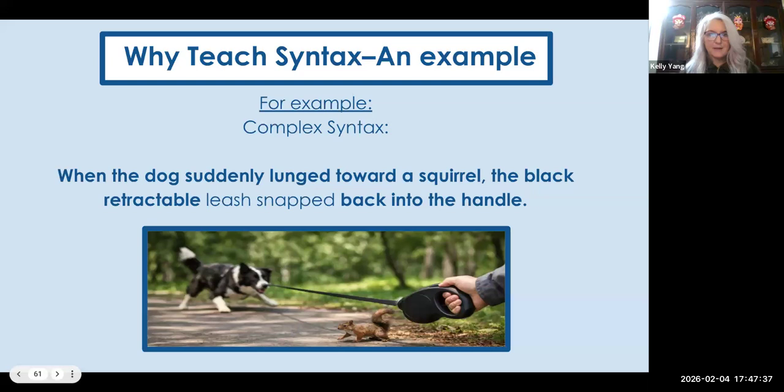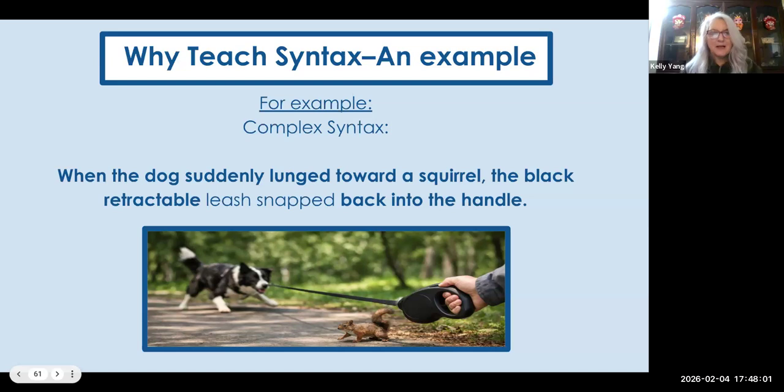So here's an example of why to teach syntax. We have a sentence: when the dog suddenly lunged toward a squirrel, the black retractable leash snapped back into the handle. This would be a very challenging sentence for a lot of our students. My students, I don't know about yours, if you ask them what was the subject, they'd probably say dog.